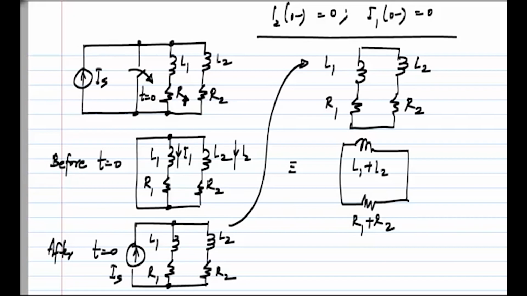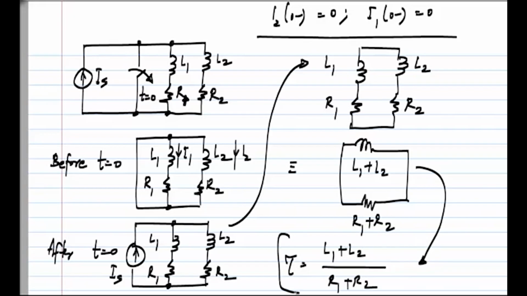And we know that if you have a single inductor in a circuit, it's a first order circuit, and the time constant of the circuit is the value of the inductance divided by the value of the resistance which is across it. So this will give you a time constant which is equal to L1 plus L2 divided by R1 plus R2. So this is how we calculate the time constant.